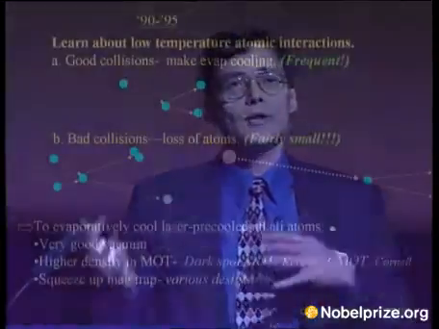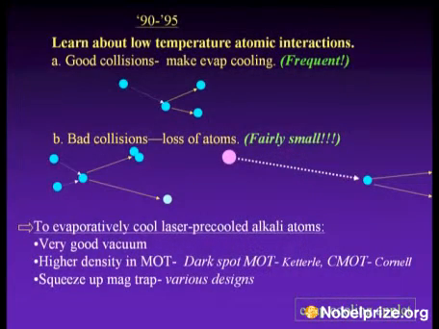And certainly in our group, a lot of what we did over these years was actually just to study atomic physics collisions. There are good collisions that you have to have for evaporative cooling. The atoms have to share the energy. And then there are bad collisions which cause atoms to be lost from your trap, and that hurts things.